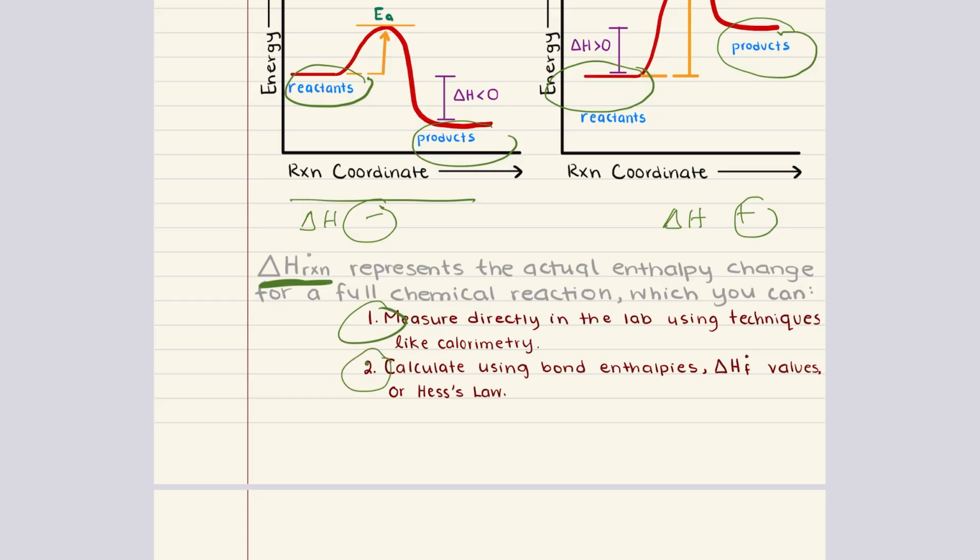Alternatively, we can calculate delta H reaction indirectly using a few different strategies. We can use bond enthalpies, we can use standard enthalpies of formation, or we can apply Hess's law by summing reactions that lead to the overall target reaction. These three calculation methods will be the focus of the remainder of this lecture.